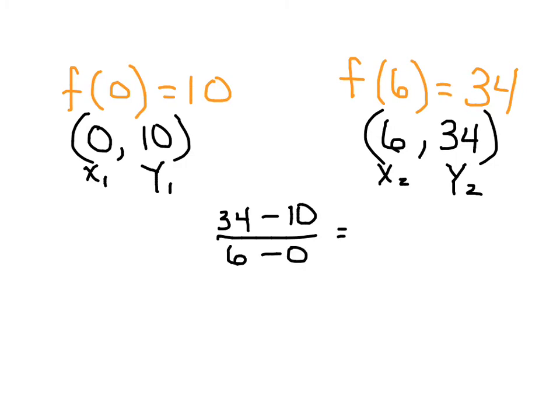On the top, what's 34 minus 10? 24. Good. On the bottom, 6. And for the win, Haley, what's 24 divided by 6? 4 over 1. Do I need to write the over 1? No. Can you? Yeah, you can, but you don't have to. Good job, Haley.